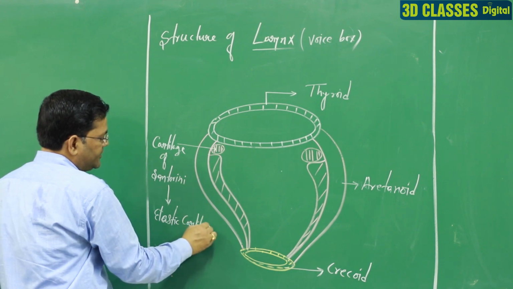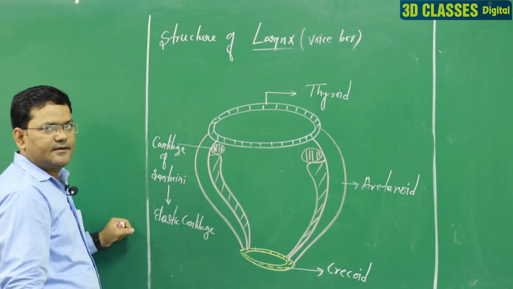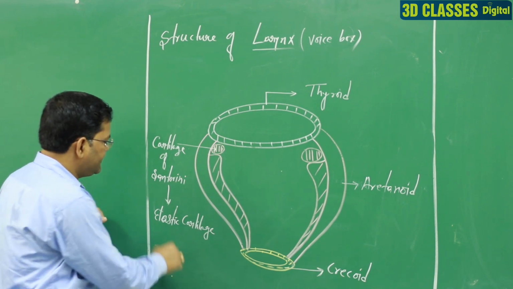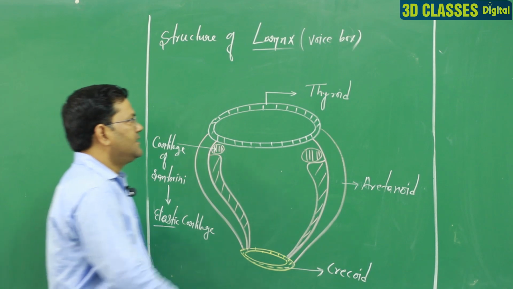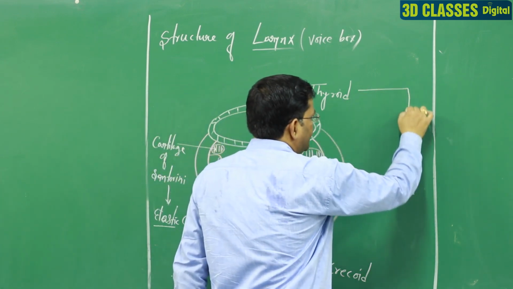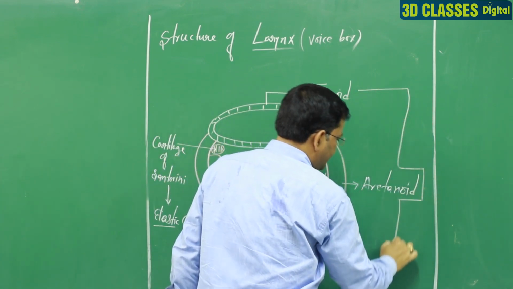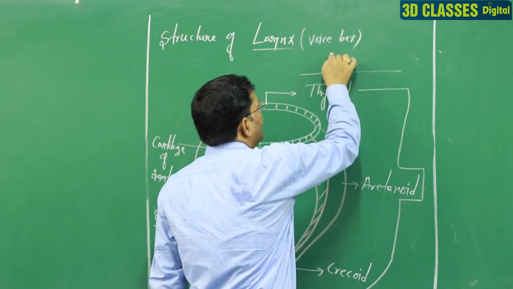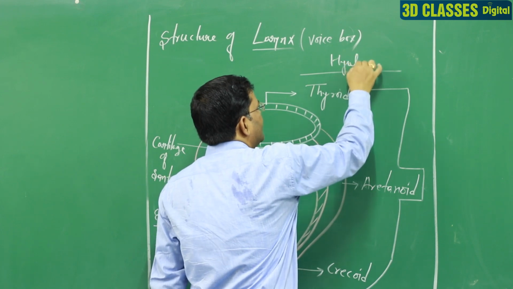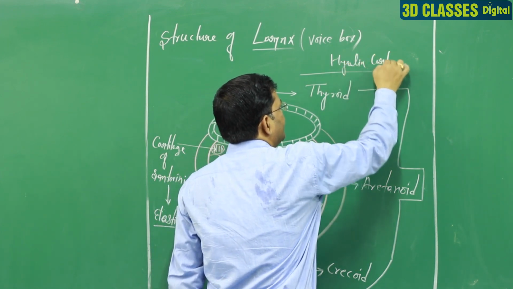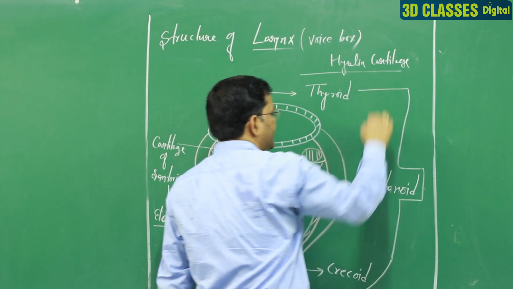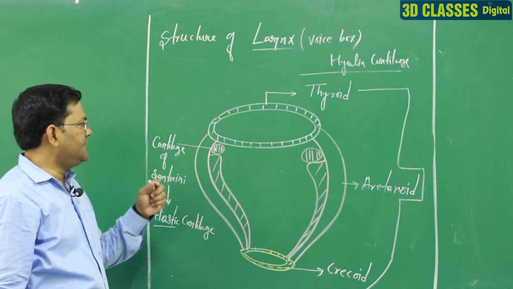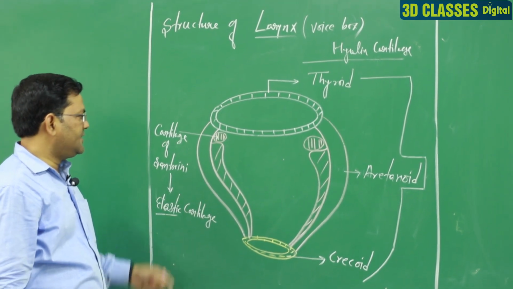You know, in tissue, cartilage is of many types: white fibrous cartilage, hyaline cartilage, elastic cartilage, etc. And this is the elastic cartilage. And thyroid, cricoid, and arytenoid combined are a type of hyaline cartilage. That means thyroid, cricoid, and arytenoid are of the hyaline type, and cartilage of Santorini is elastic cartilage.